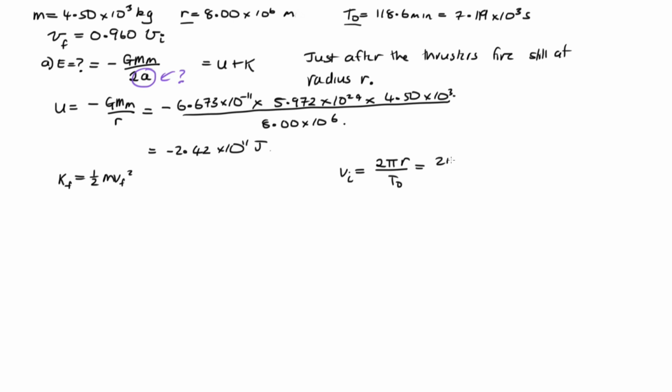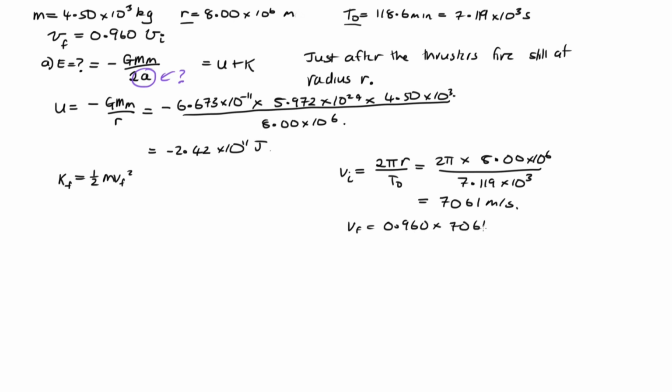So this is 2 pi times 8 times 10 to the 6 divided by 7.119 times 10 to the 3. And solving this, we get the initial speed as 7,061 meters per second. So the final speed is equal to 0.960 times 7061, and that is equal to 6,778 meters per second.